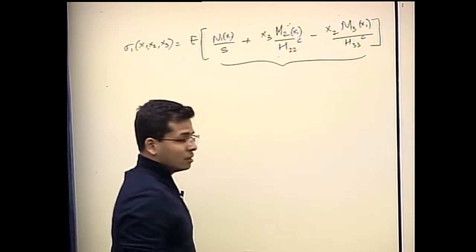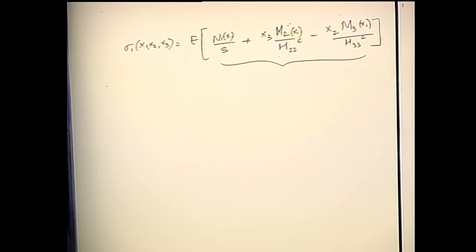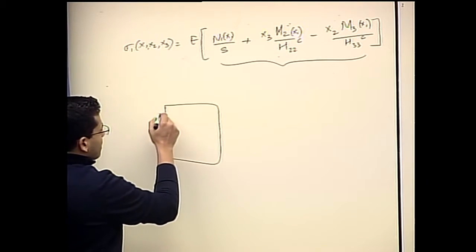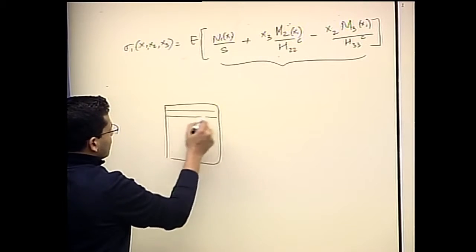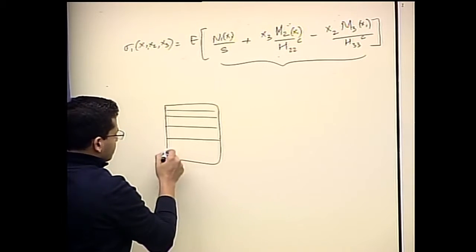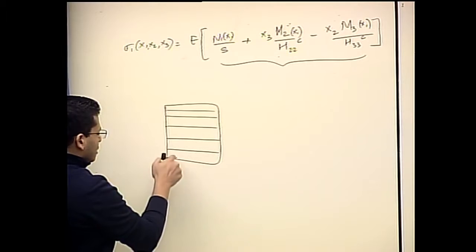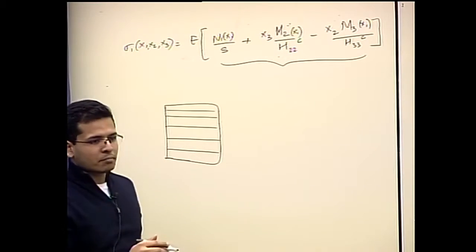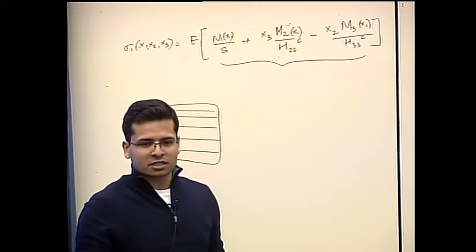So now a couple of quick questions for you. There is a cross section which has layers of different materials. So it's not one isotropic material, it's many layers of isotropic materials.